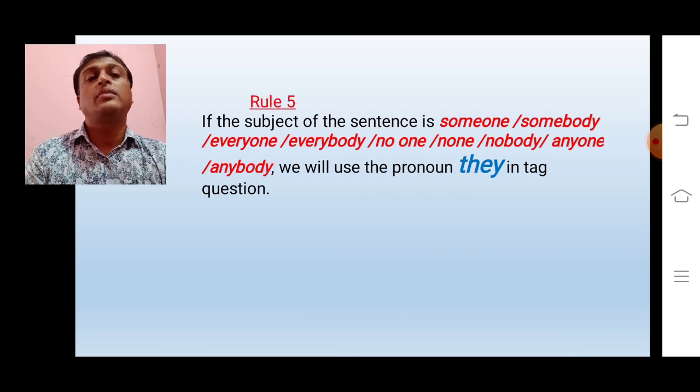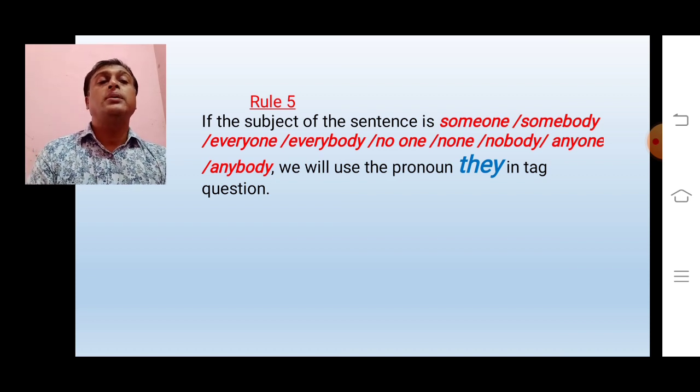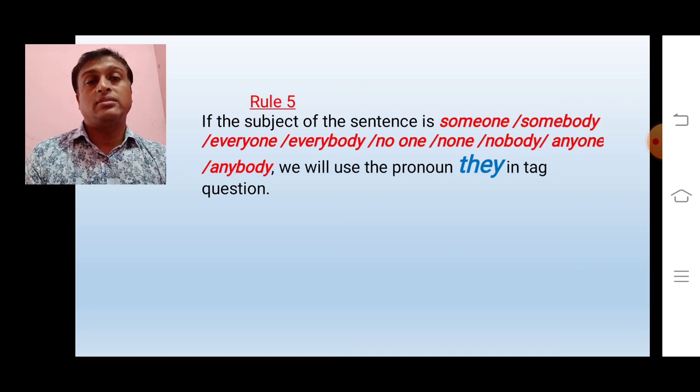Rule 5. If the subject of the sentence is someone, somebody, everyone, everybody, no one, none, nobody, anyone, anybody, we will use the pronoun they in that question. That means they is used as a pronoun of these words.